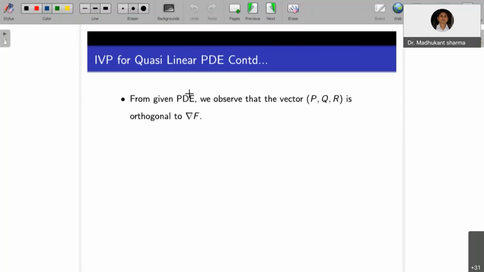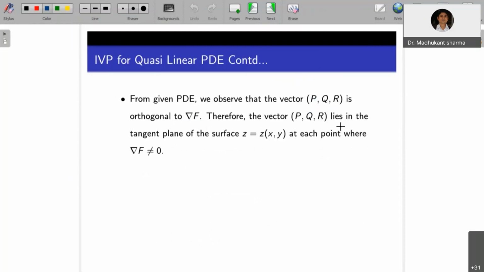Now from the given PDE, we can observe that this PQR is orthogonal to the gradient. Therefore it lies in the tangent plane of the surface, at each point wherever this gradient f, the normal, is a non-zero vector.